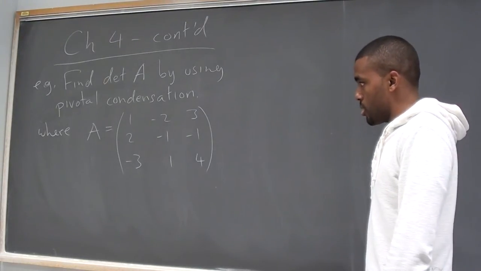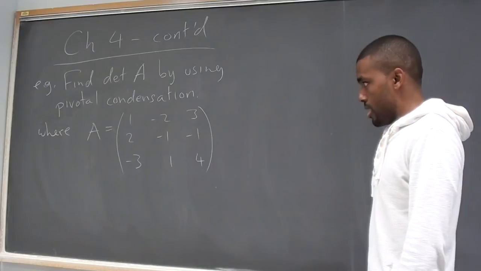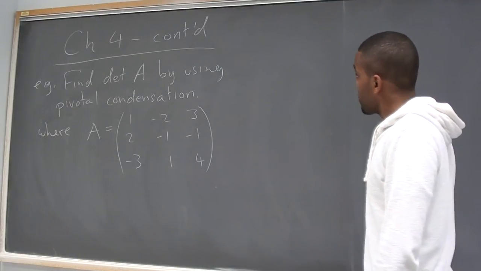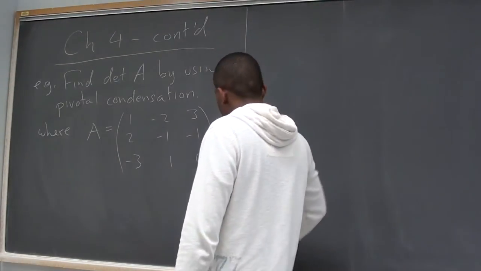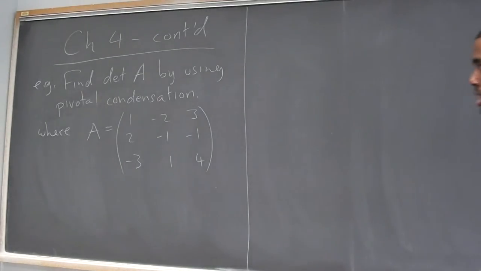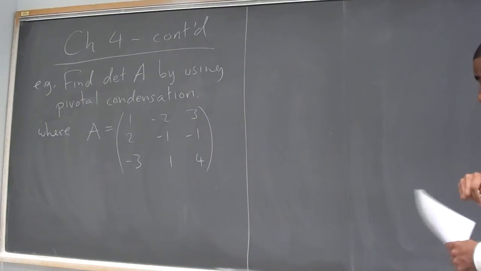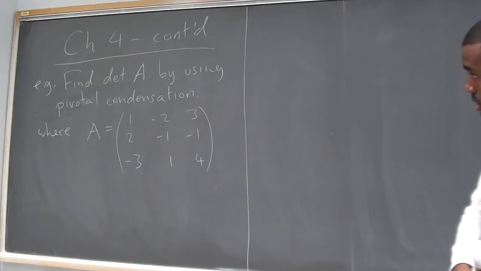So you'll notice that this is a 3 by 3 matrix, and it has no zeros. Okay? So what we're going to do is we're going to want to put zeros in there. And let's see how we're going to do that.